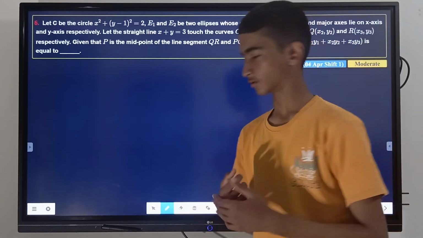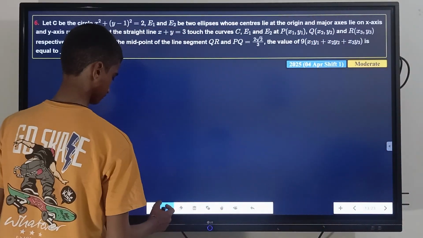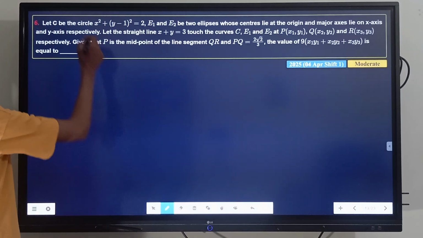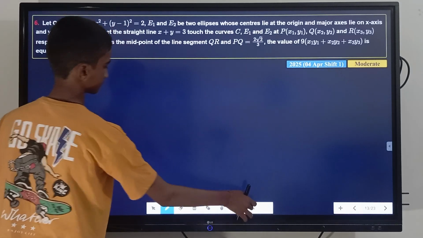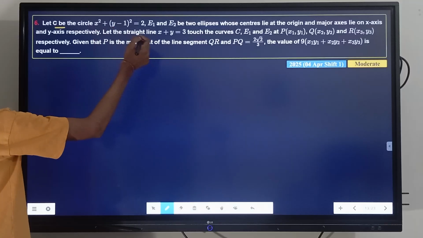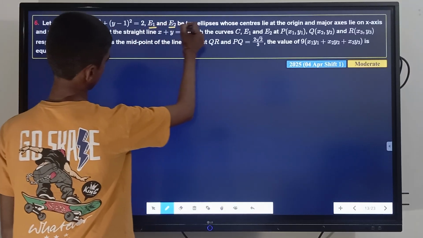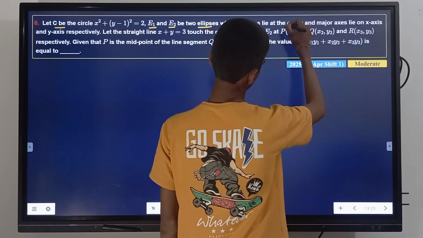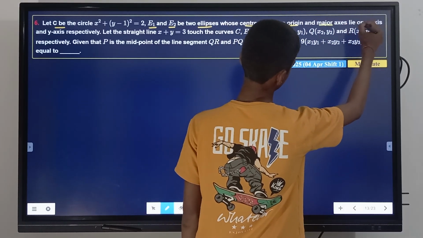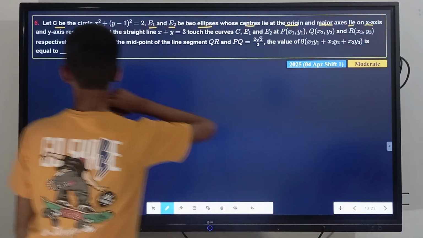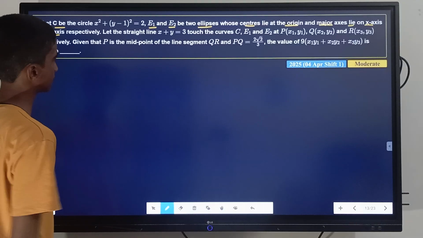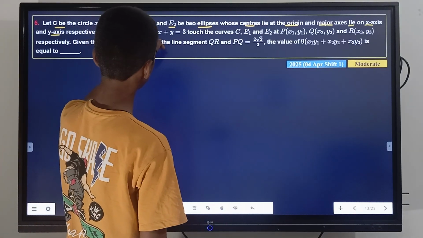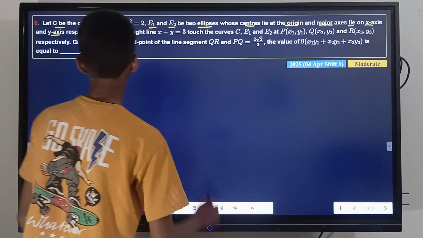Here is our next question. This time our question says let C be the circle, and E1 and E2 be two ellipses whose centers lie at the origin and major axes lie on x-axis and y-axis respectively. This means this is a horizontal ellipse and this is a vertical ellipse.